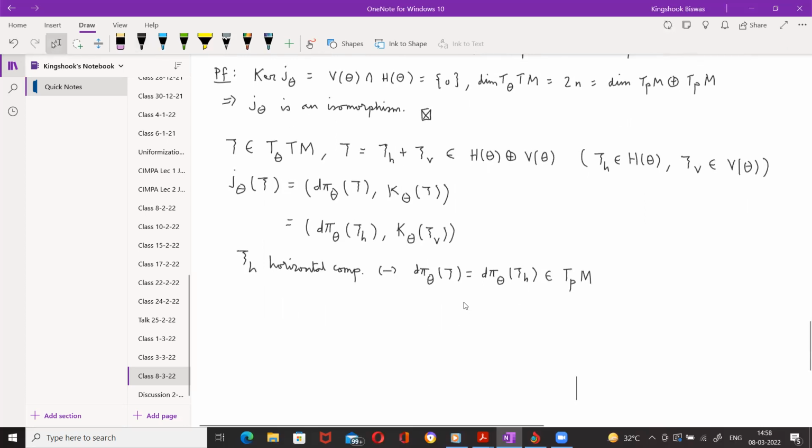And xi v, the vertical component, corresponds to k theta of xi, which is k theta of xi v in TPM.